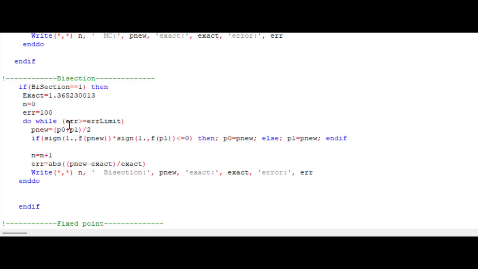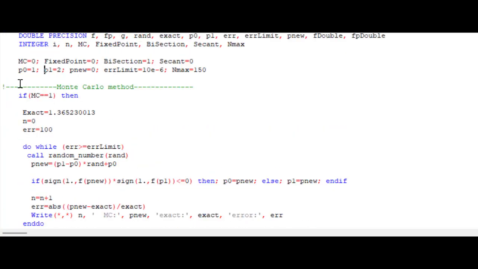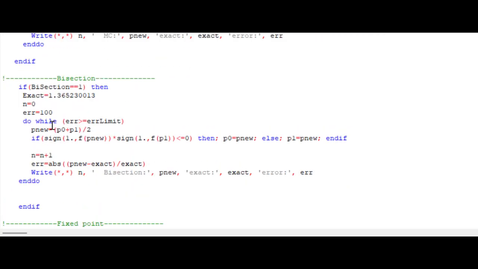In the Monte-Carlo method, the next guess is generated based on the random numbers, but here we compute the next iteration by averaging the values of P0 and P1, or the next iteration is the midpoint of the interval. So the first guesses are P0 equal to 1 and P1 equals 2, and the next guess will be the midpoint, which is in this case 1.5.